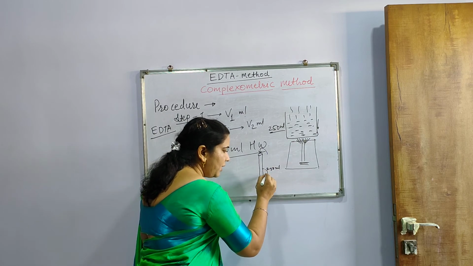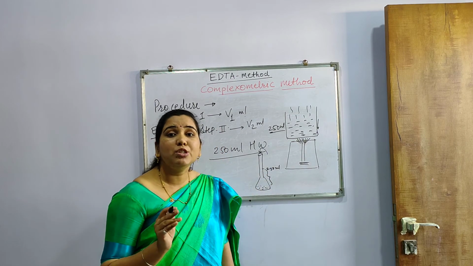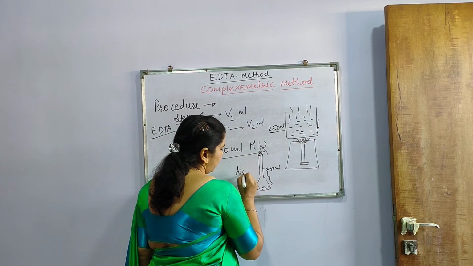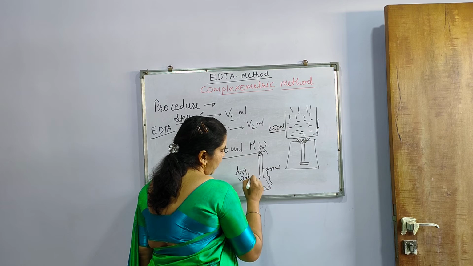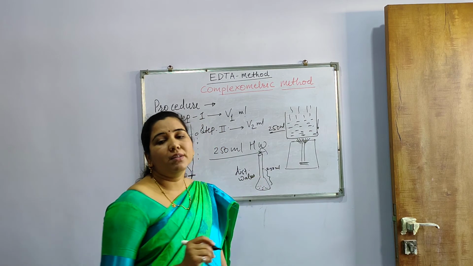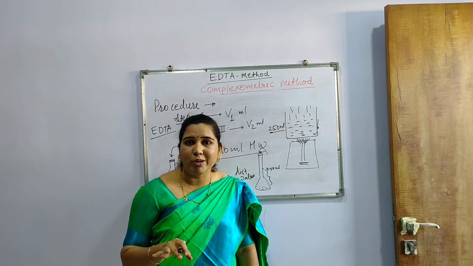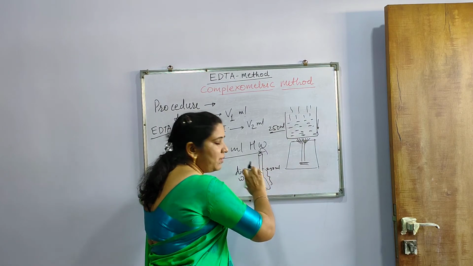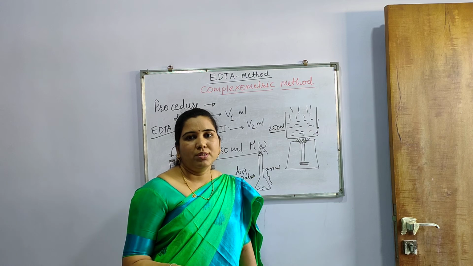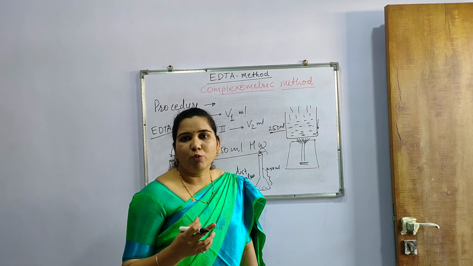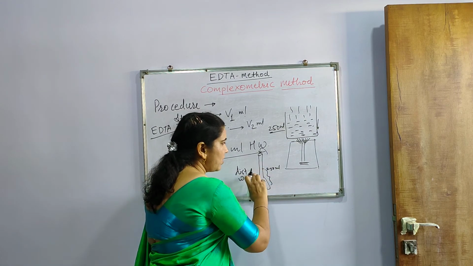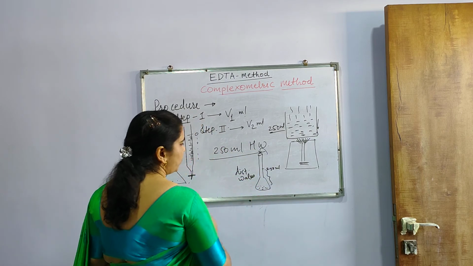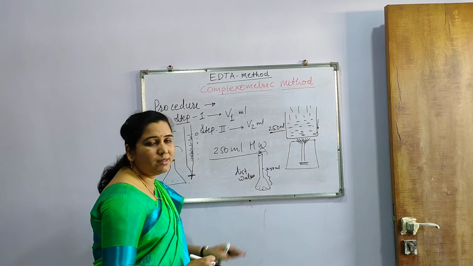Then the remaining level up to 250 ml is to be made up by using distilled water. Distilled water is to be added to make up the level of that boiled water sample up to 250 ml. Now after it becomes 250 ml, it is said to be a boiled water sample, and this boiled water sample is to be used for the third step of the EDTA method. So I hope that all this is understood.